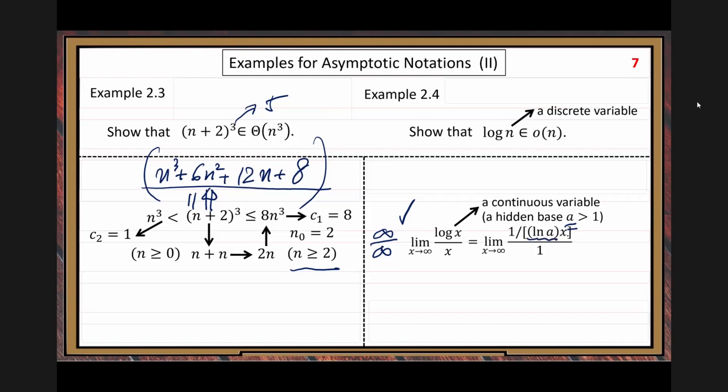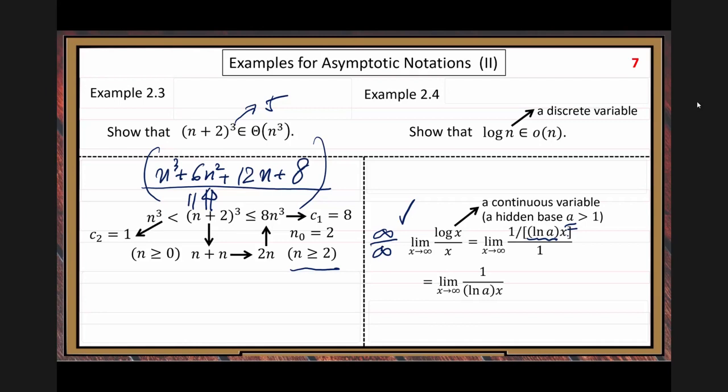After simplification, this limit is not an indeterminate form because the numerator is 1. So you cannot apply L'Hopital's rule anymore. If you apply L'Hopital's rule here, you get a wrong answer. But here you can take the limit directly, because the denominator goes to infinity.